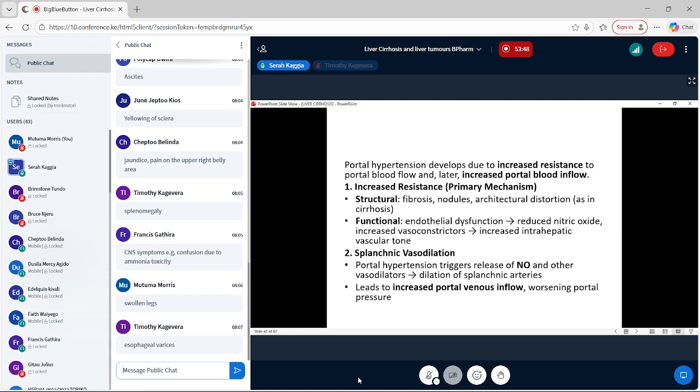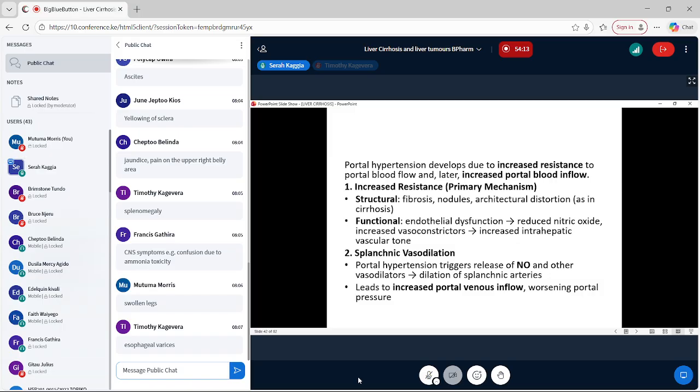Okay, another thing that can occur is splanchnic vasodilation. What is splanchnic? You know, blood supply in your GIT, or in the abdomen. The splanchnic blood is blood going to the gut, the stomach, the intestines, the spleen, all those. That is the splanchnic blood supply.